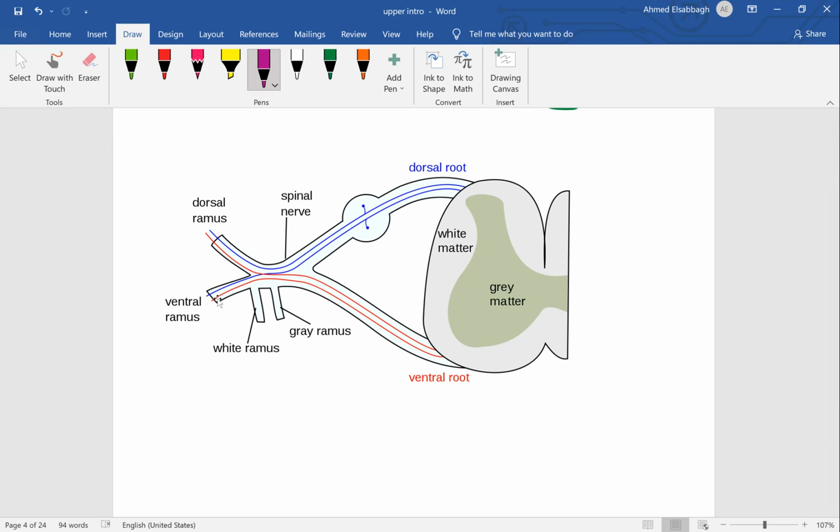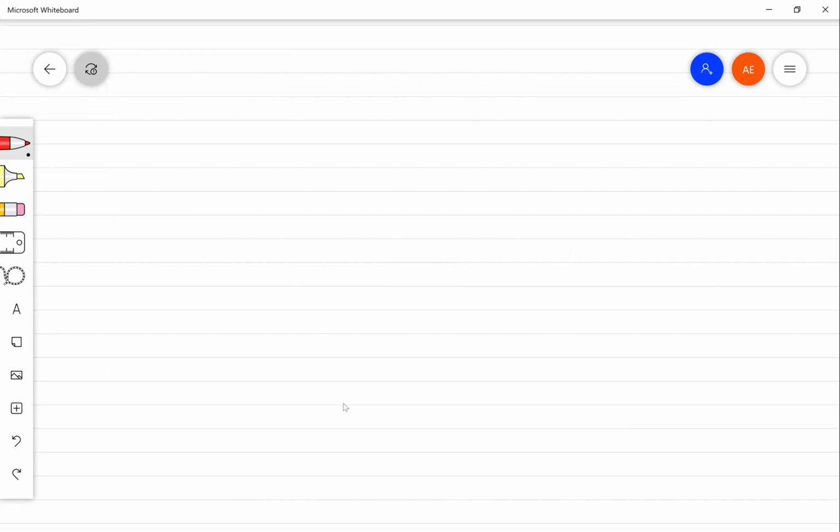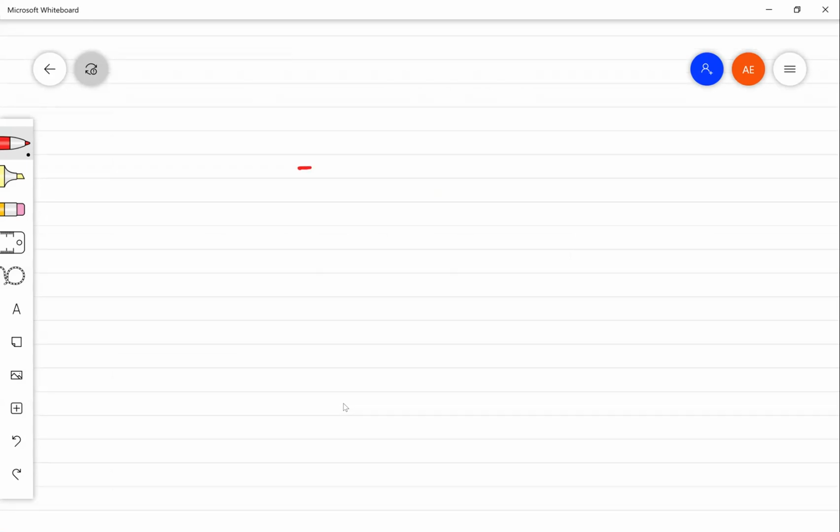So, the brachial plexus is formed from these ventral rami. Of which spinal nerves? It is formed from the ventral rami of C5, C6, C7, C8, and T1.